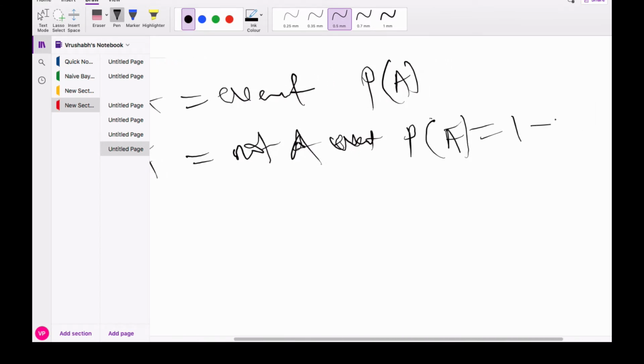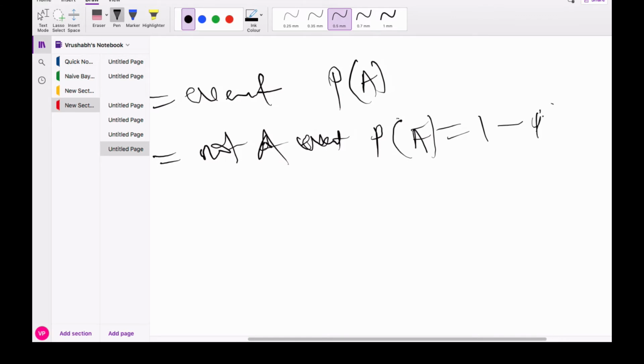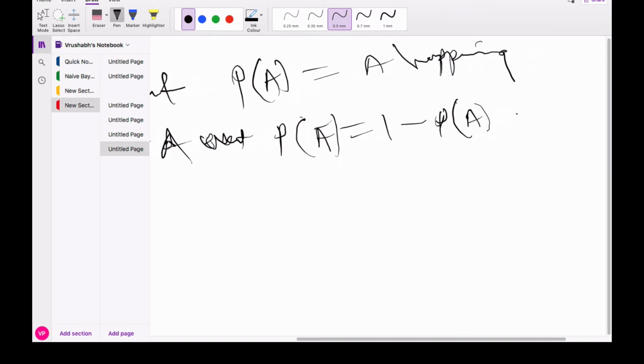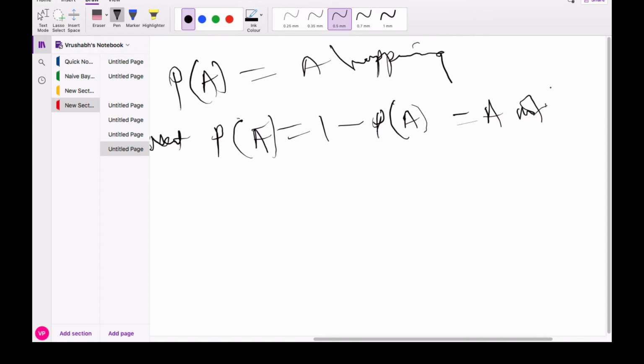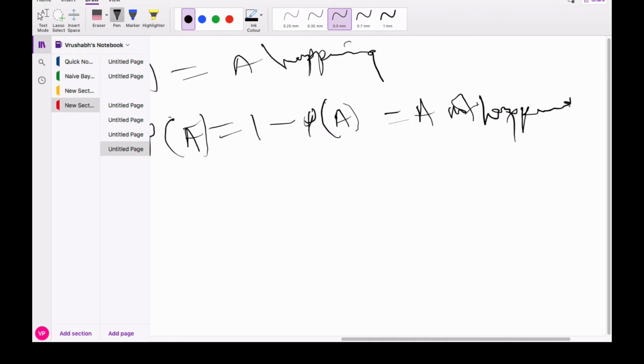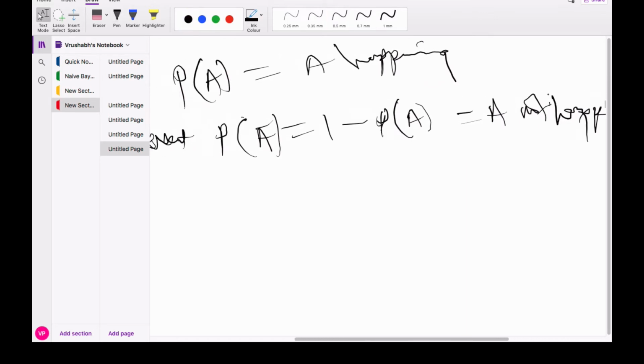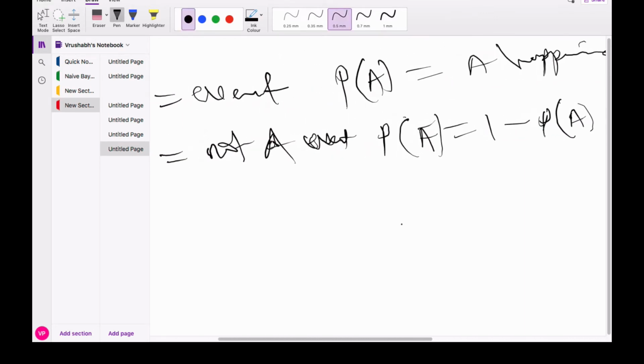So the probability of A not is going to be 1 minus the probability of A. This is the probability of A happening, and this one is the probability of A not happening. So we have these two: the probability of A happening and the probability of A not happening.